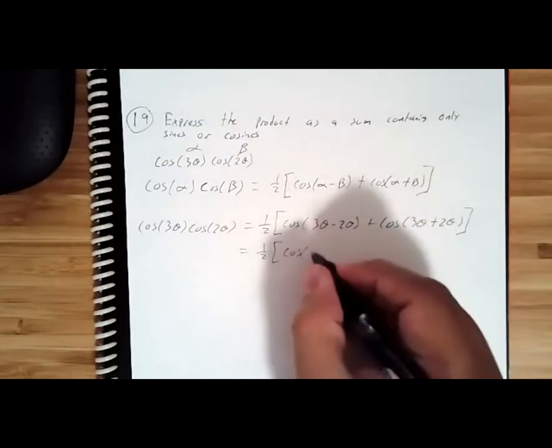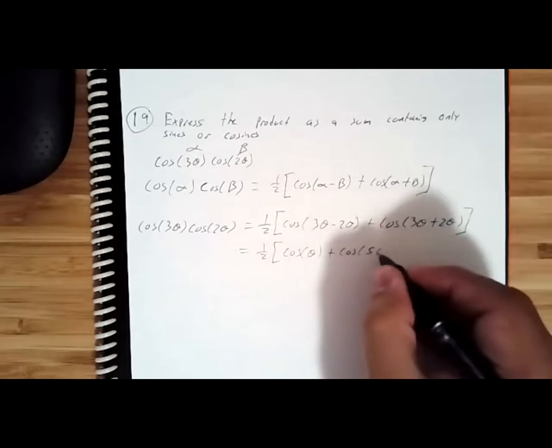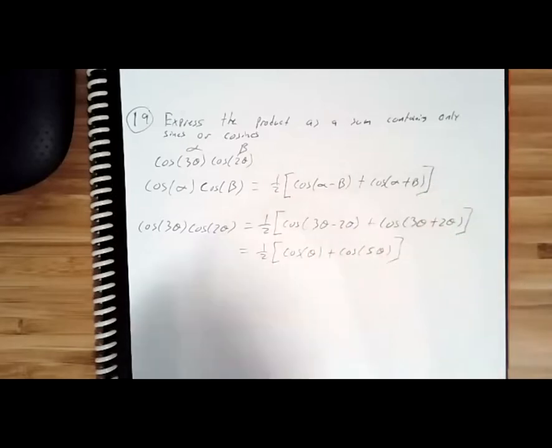It'll be cosine of theta plus cosine of 5 theta. So all you do is apply the formula. That's how they got this guy.